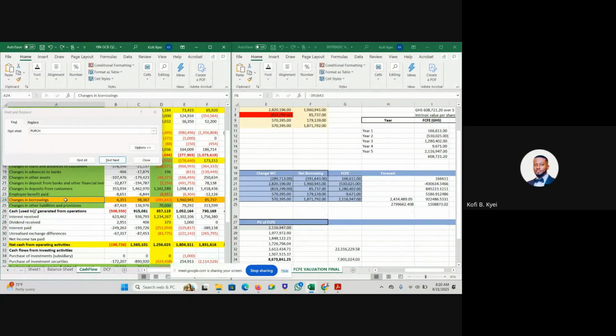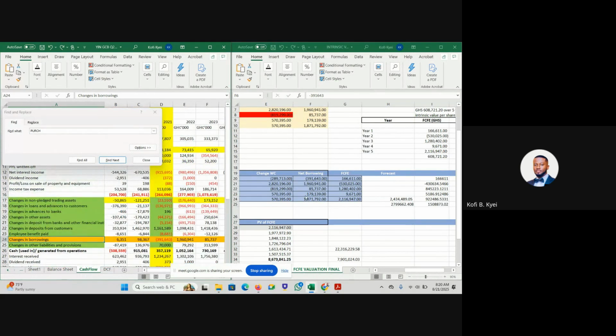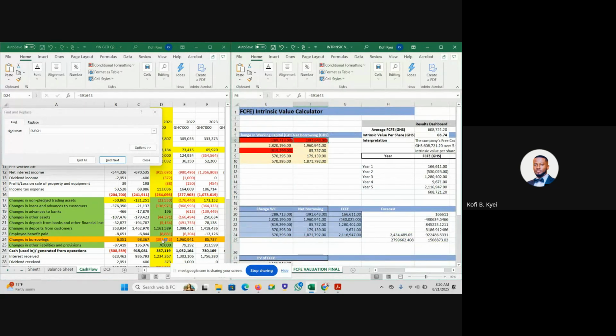We are looking at the changes in the borrowings. Those are the figures that we put there. As you can see, it's 391,643. For this, it's quite straightforward. You pick this figure and place it in your net borrowing side, and then it continues, as you can see.